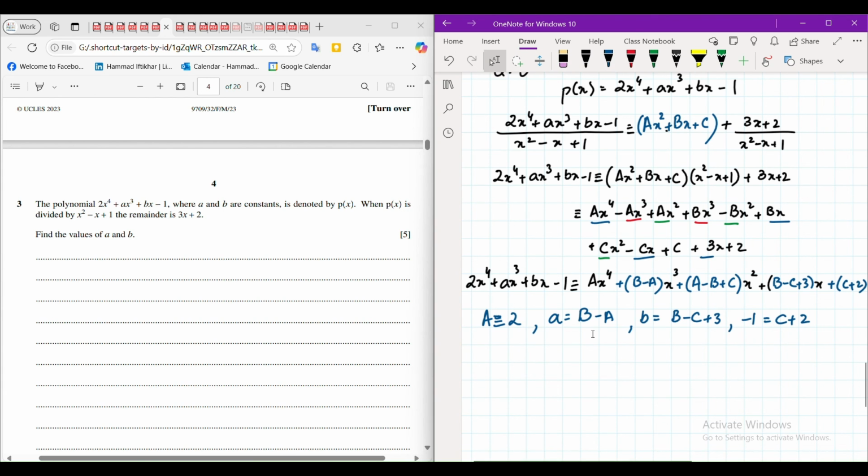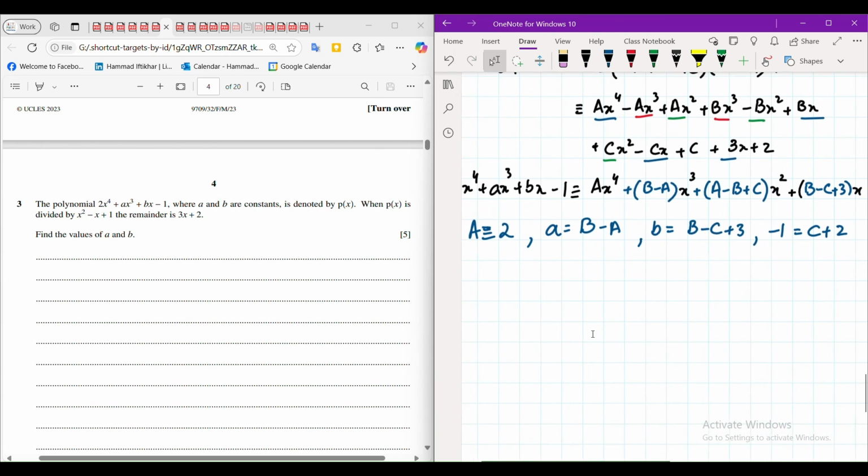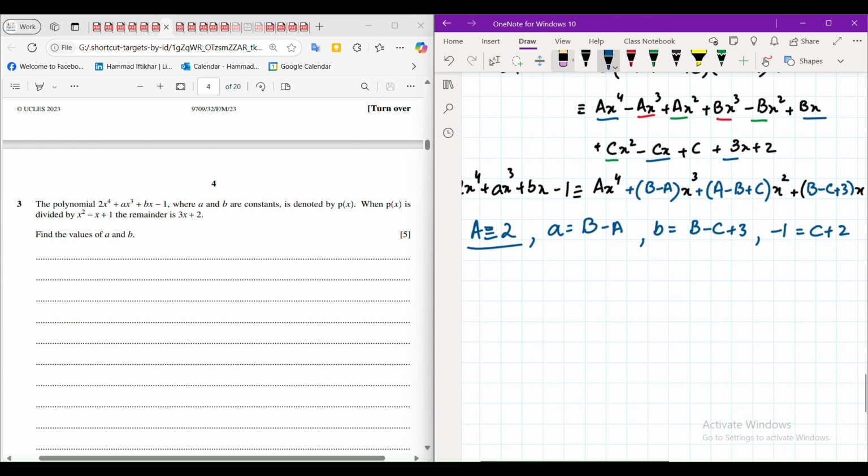Let's start with the C, because C has the least unknowns, only one unknown. So C would be -1 - 2, which is -3. So we have found this. Let's use A and C to figure out what B is.